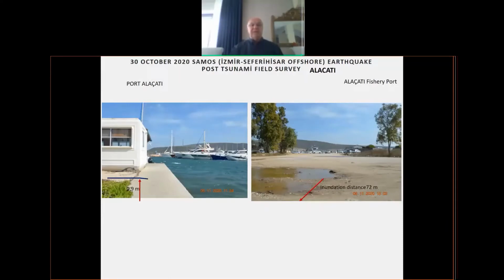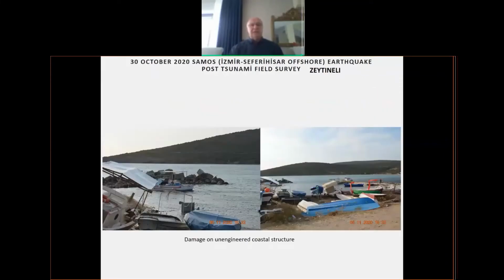Port Alaçatı in the region is another marina. There was a 72 meters inundation distance and almost 1 meter water level increase at the marina region. Zeytineli is south of Alaçatı, and this is one of the unengineered coastal structures very clearly damaged by tsunami.